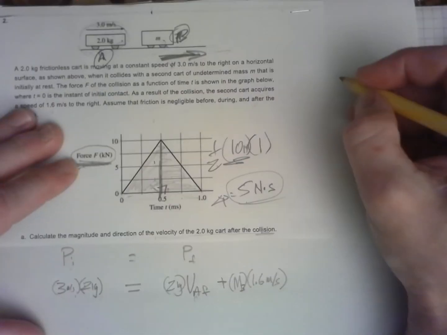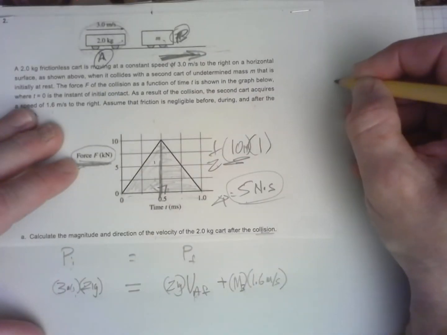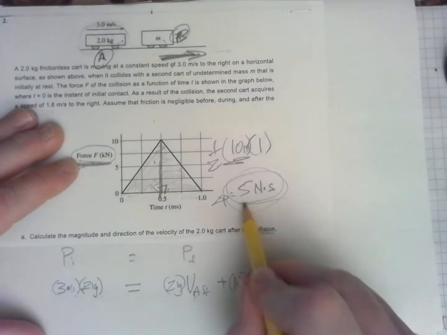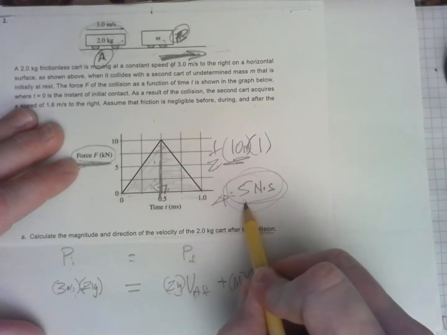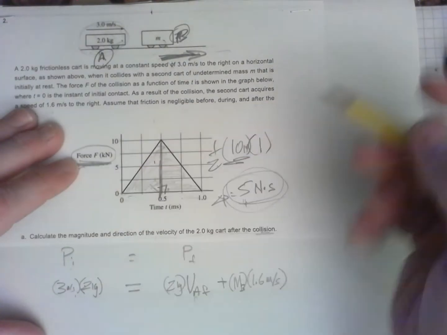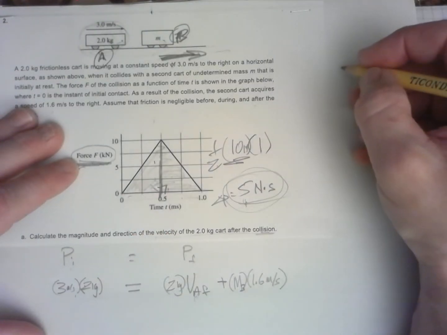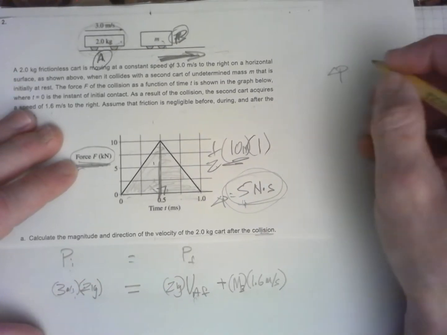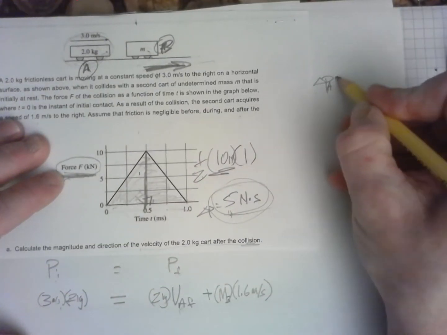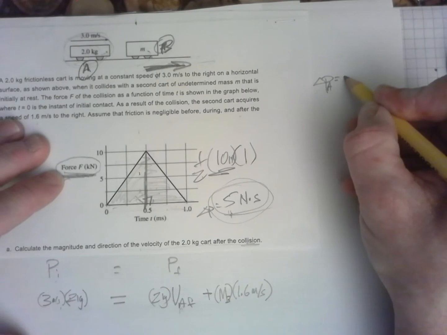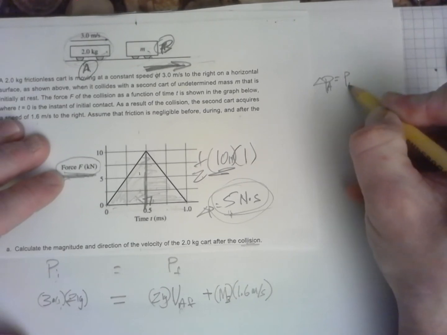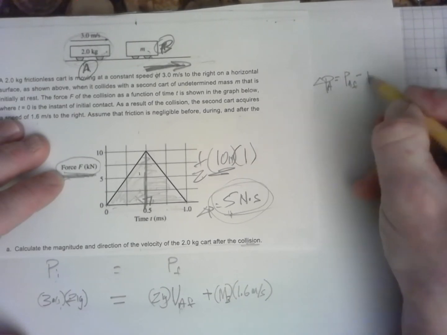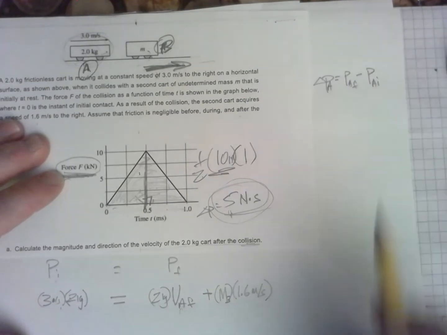I'm going to say that cart A has its momentum decreased by this amount, because it's going to be working in the other direction, because the force obviously is going to go to the left on it. So the change in momentum for cart A is equal to A's final minus A's initial momentum.